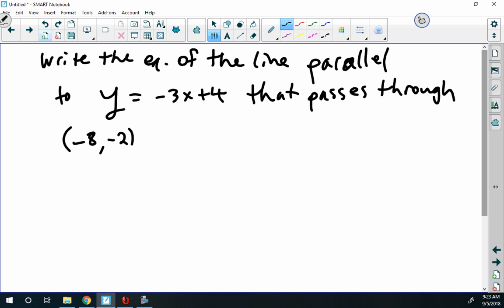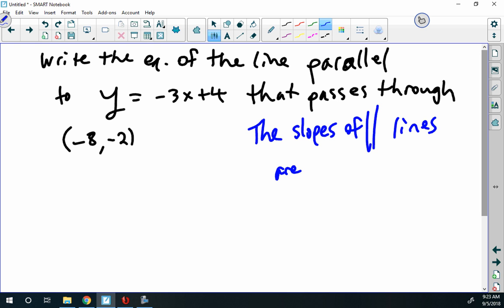What do you know about parallel lines and their slopes? Not opposites. The slopes of parallel lines are the same. So the slope of the line that we're trying to find is going to be the same as the line that they tell us about. So what's the slope that we're going to be working with? Negative 3. So that's the slope.